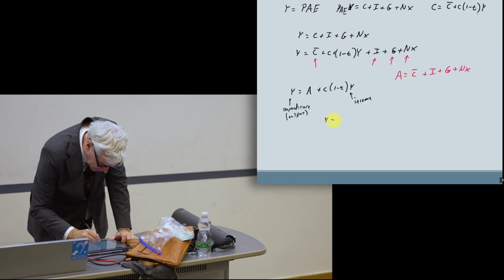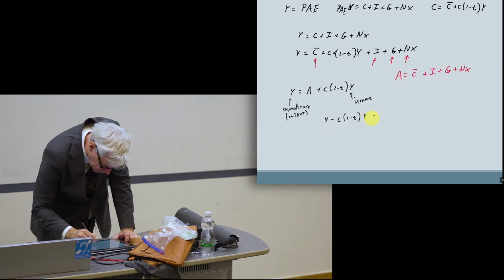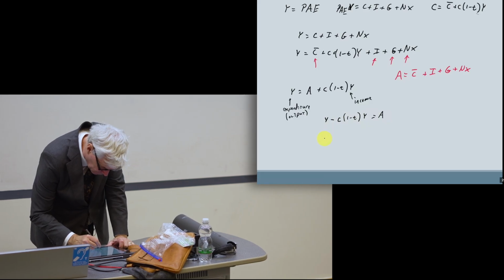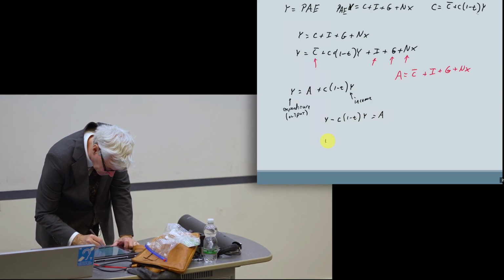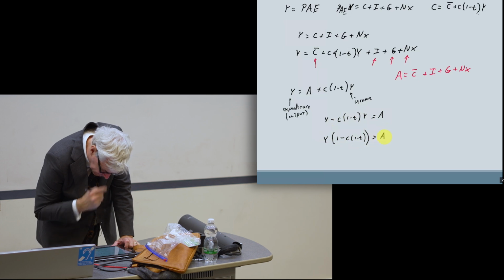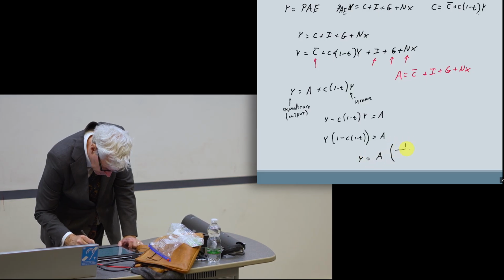So I get y minus c times 1 minus t times y is equal to A. Putting all the y's together, I get y times 1 minus c times 1 minus t is equal to A. And so y, equilibrium output, is equal to A times 1 over 1 minus c times 1 minus t.